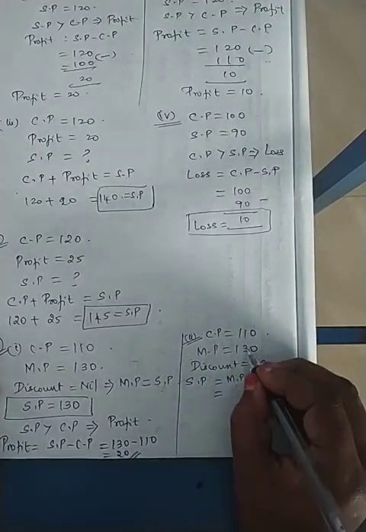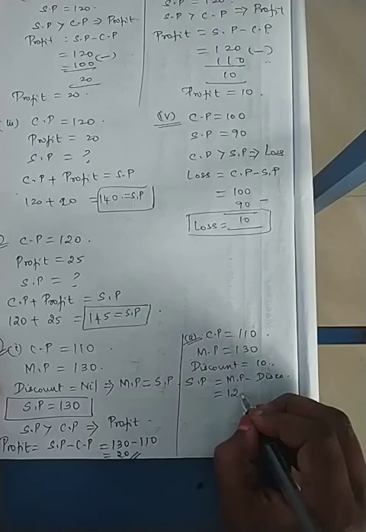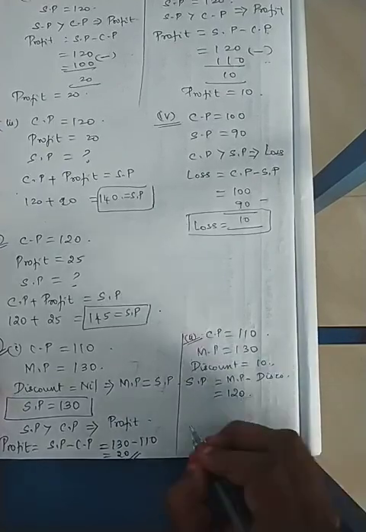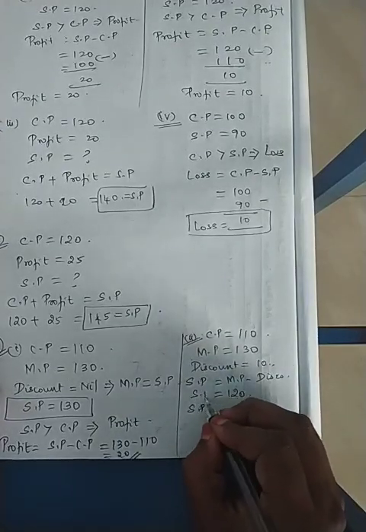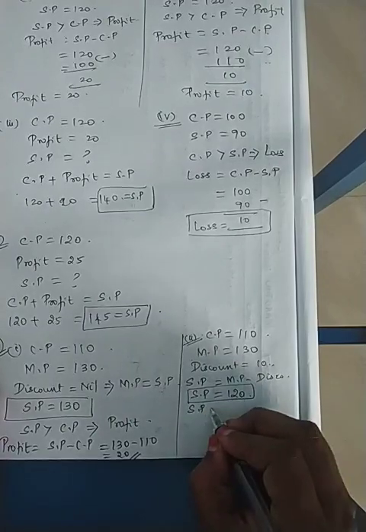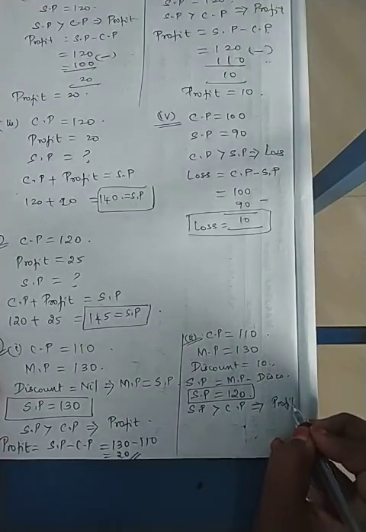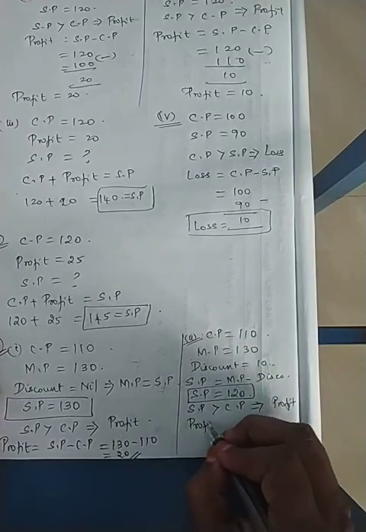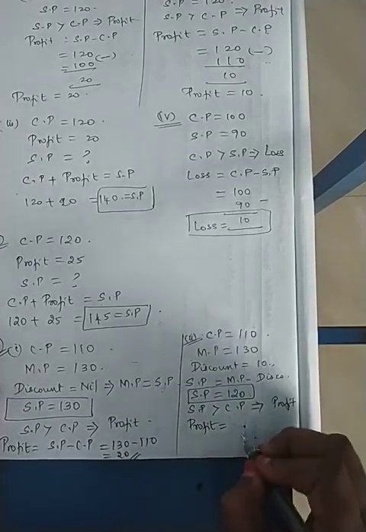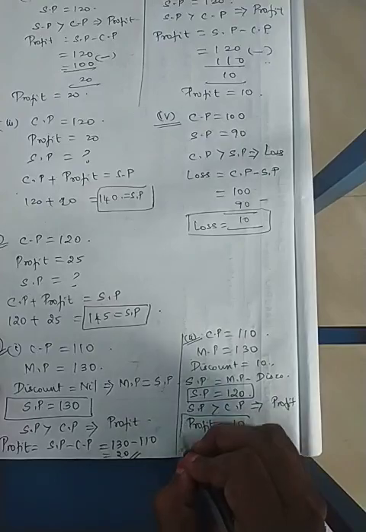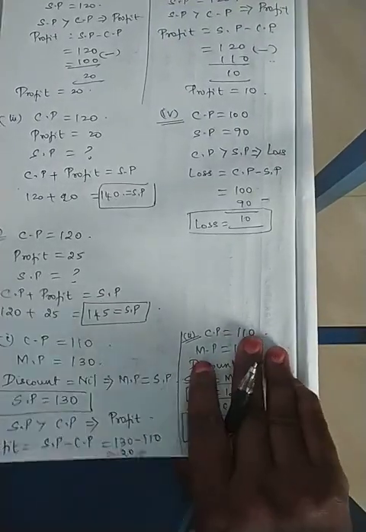So 130 minus 10 will become 120. So my SP is equal to 120. SP is greater than CP, so this is also profit. So what is my profit? Profit is equal to 120 minus 110, so 10.